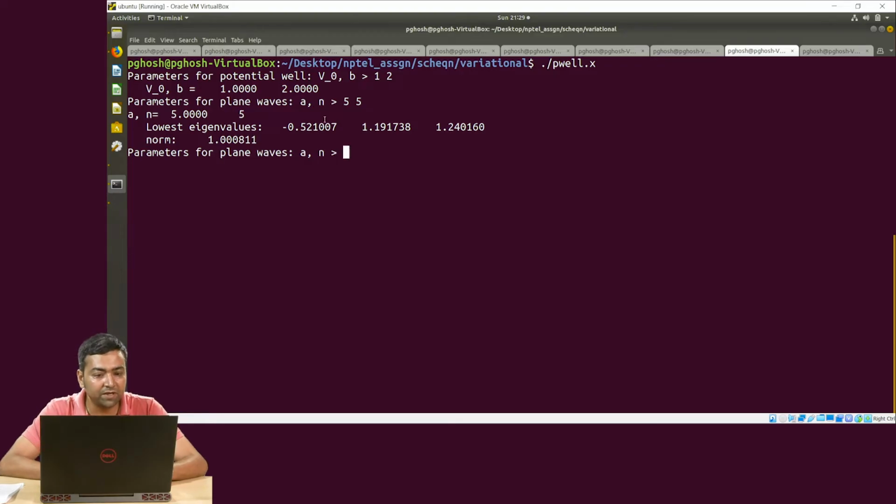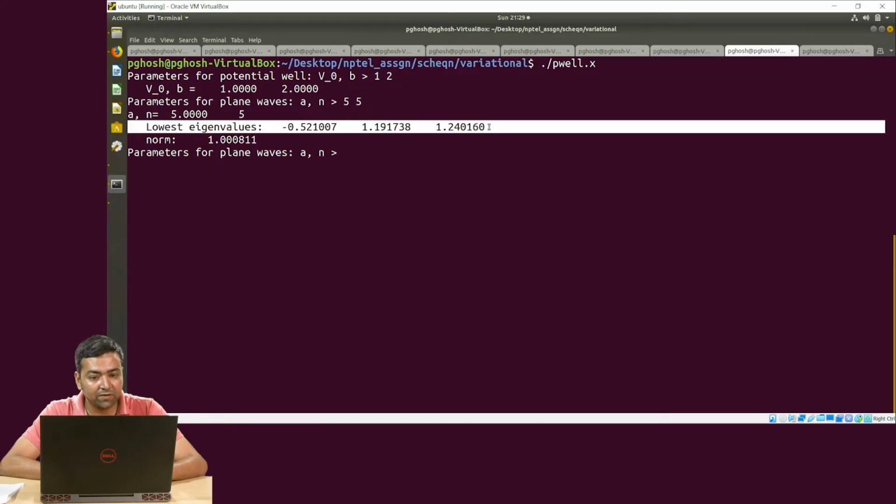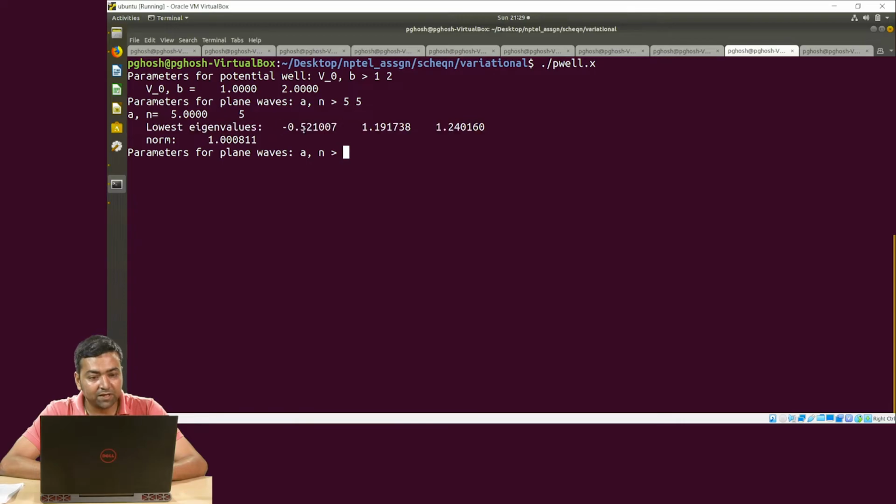Now if you see here, it does the job and prints out the lowest eigenvalues. Let us look at the lowest 3 eigenvalues. What you see is that the lowest eigenvalue is -0.52, then the next one is 1.19, and then the next one is 1.24.